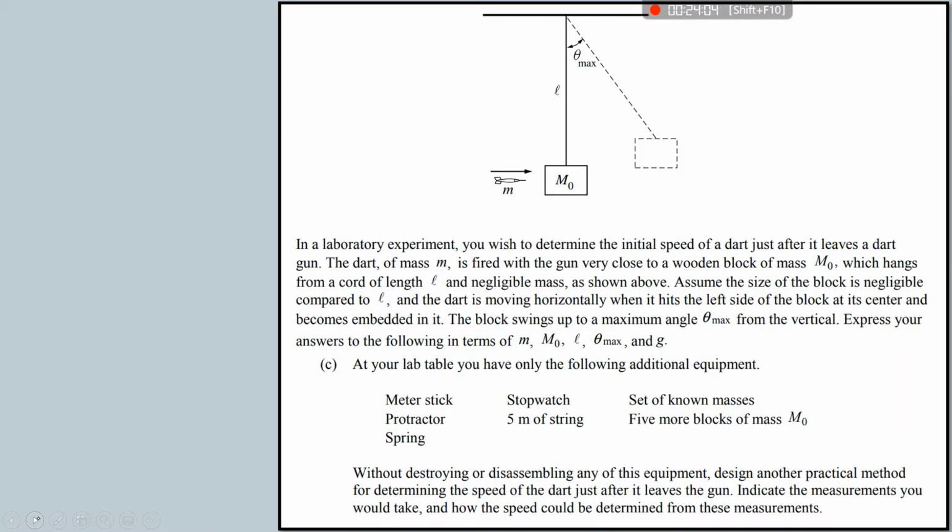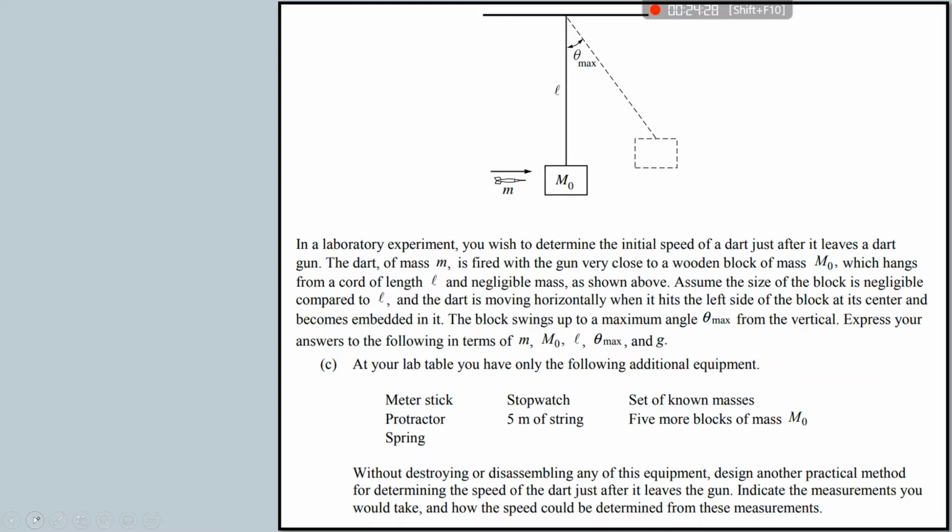Okay. So if we set up a lab table where you had a meter stick, protractor, spring, stopwatch, 5 meters of string, a set of known masses, and then 5 more blocks of mass M naught, how could you create another way to determine the velocity of the object?